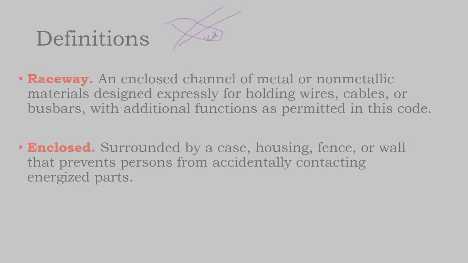But the problem with building integrated solar is more that now you have these cables coming off the underside of the module. And what we'll see a bit later is direct current circuits must be in an enclosed metal raceway.